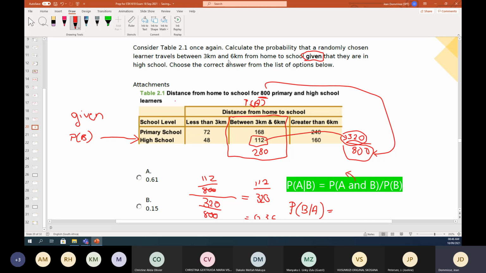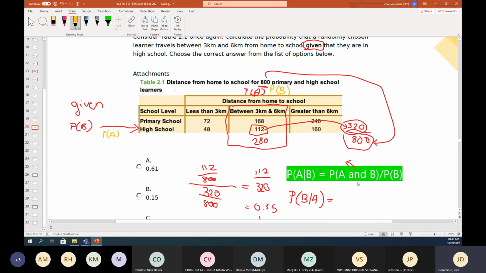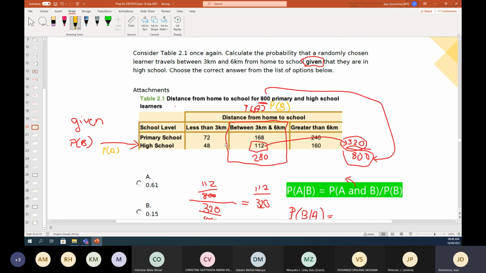So basically, we just turned it around to say that is P(B), that is B given A. Okay, wait, no, I must rephrase it.